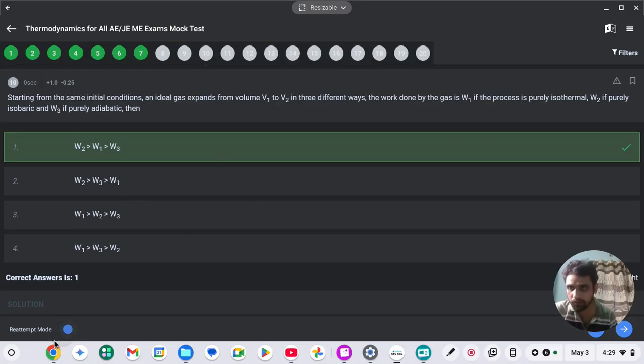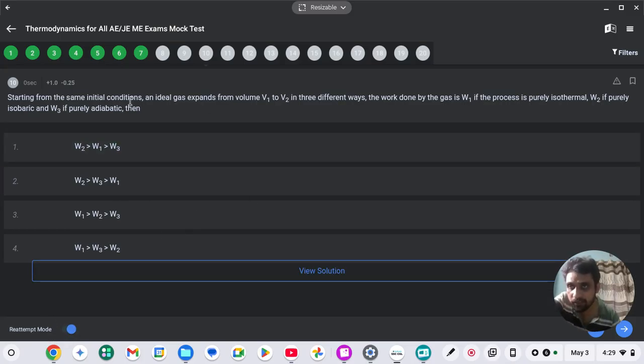Okay, reattempt mode. Starting from the same initial conditions, an ideal gas expands from volume V1 to V2 in 3 different ways. The work done by the gas is W1 if the process is purely isothermal, W2 if the process is isobaric, and W3 if purely adiabatic.